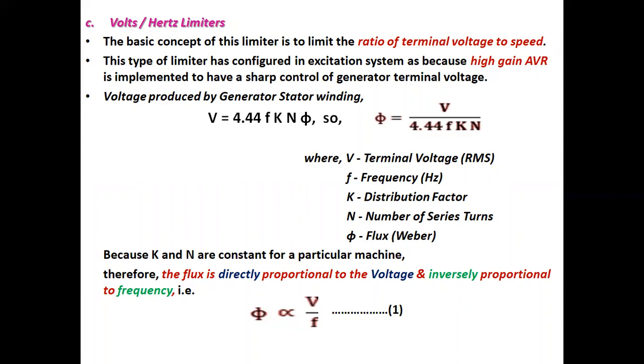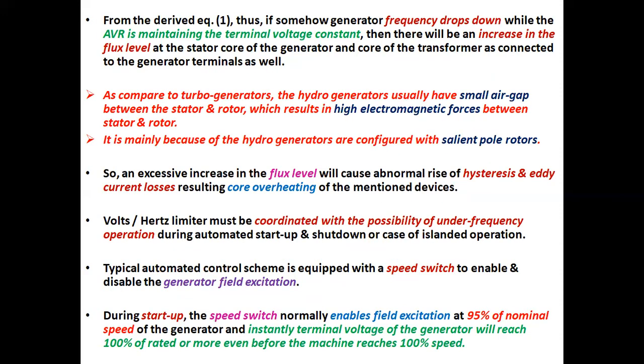Because K and N are constant for a particular machine, the flux is directly proportional to the voltage and inversely proportional to frequency, from the derived equation 1.